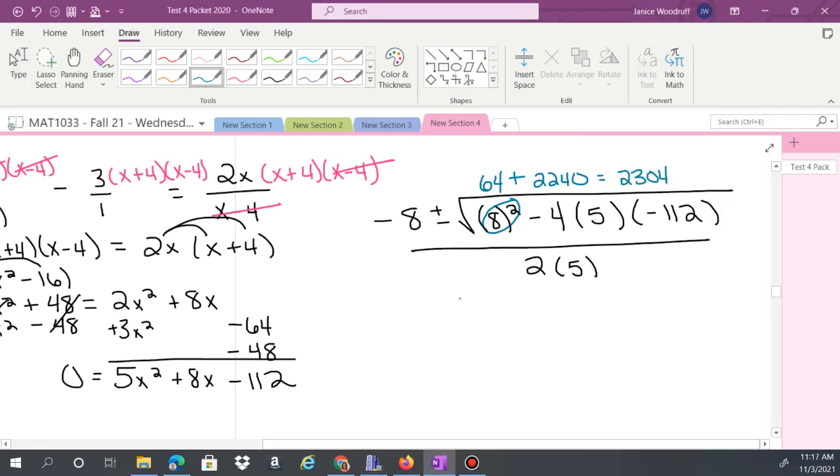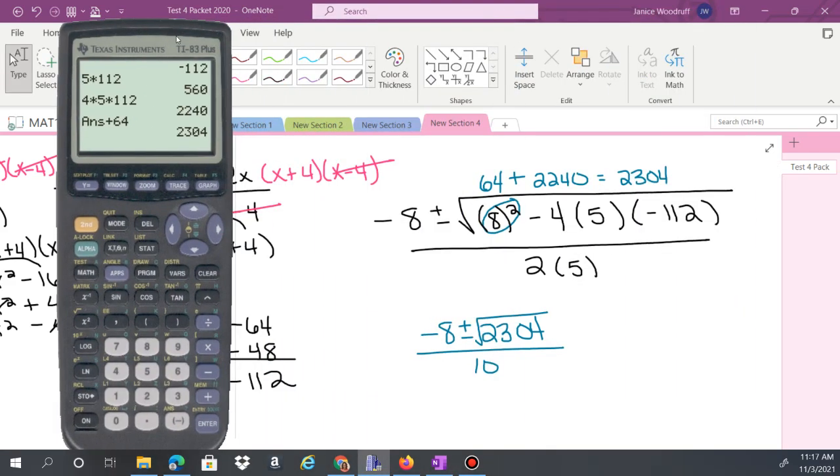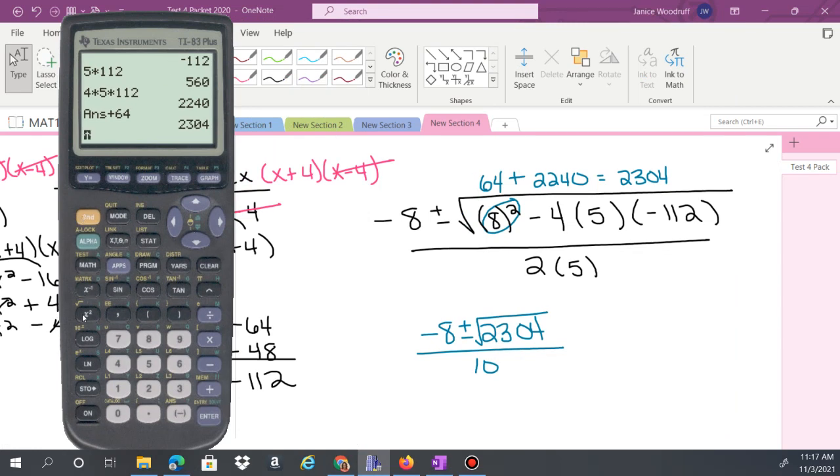So that's what's under this radical here. So I've got negative 8 plus or minus the square root of 2,304 over 10. Now, let's see if that's a perfect square. It is. So 48.